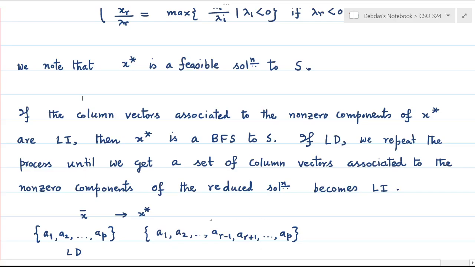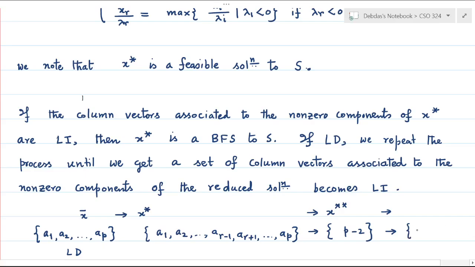If linearly independent, then fine, x star is a basic feasible solution. If not, you can still reduce it. So from x star you find x double star, and you reduce one more vector, so here you have P minus 2 at max. In this way you have to reduce and reduce.